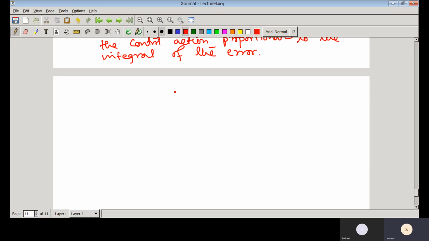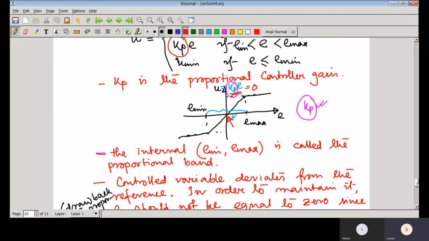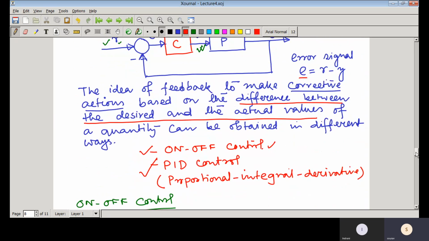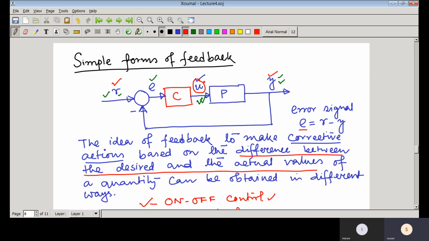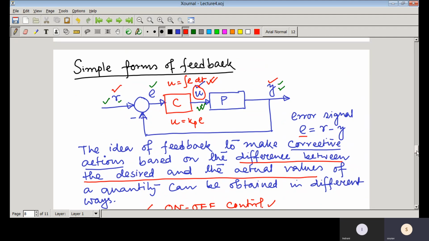So the control input u(t): we are trying to make u(t) equal to the integral of e dt. In case of proportional controller, you had u equal to only Kp into e. But in case of integral control, as integration is involved, the control input is generated as the integral of that error signal.